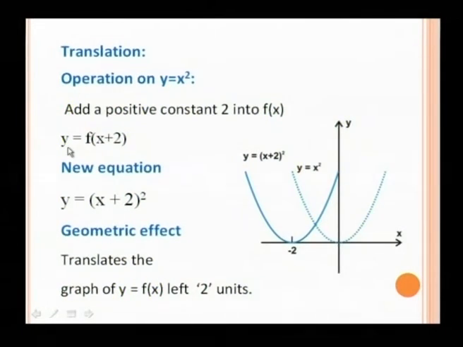So the resulting function is y is equal to f of x plus 2, and here the new equation becomes y is equal to x plus 2 whole square. And the geometric effect of this addition is that it translates the graph of y is equal to f of x left 2 units.